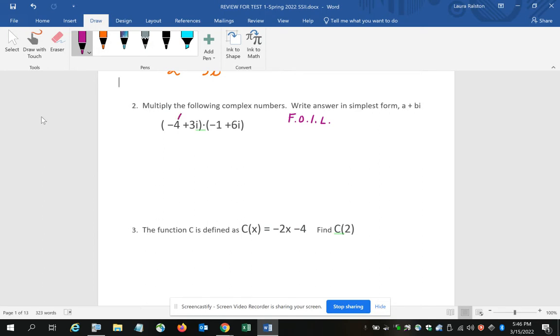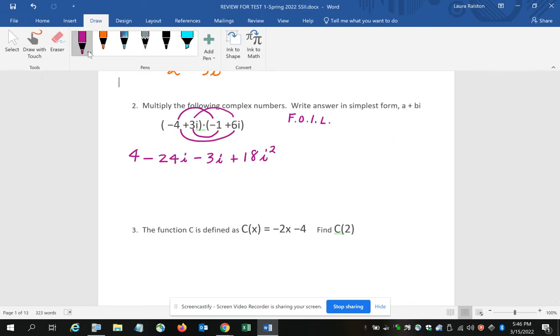FOIL stands for first, so we multiply negative 4 times negative 1, which gives me positive 4. Outside, negative 4 times positive 6i is negative 24i. Inside, 3i times negative 1 is negative 3i. And last, 3i times 6i is positive 18i squared.